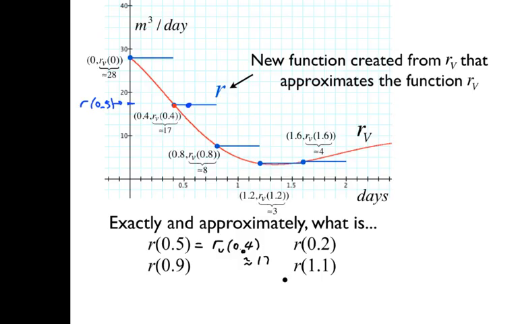Okay, do the rest now. So do R of 0.2, R of 0.9, R of 1.1. Talk them out. Go.